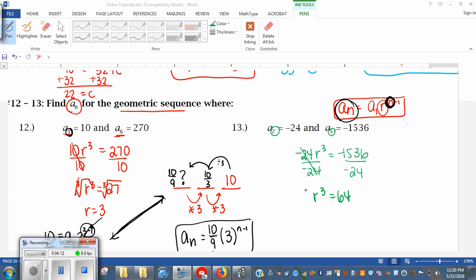Alright, sorry, my pen was having some issues. Alright, so I'm going to take the cubed root of 64, which gives me a ratio of 4.